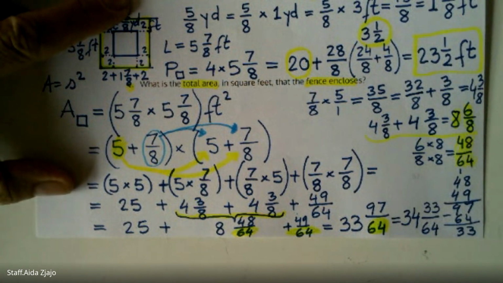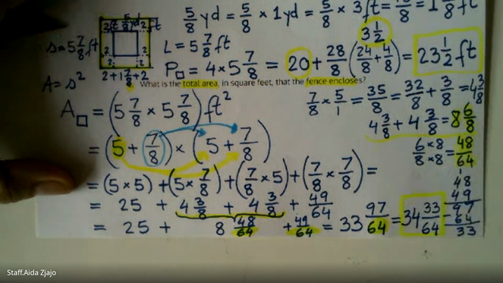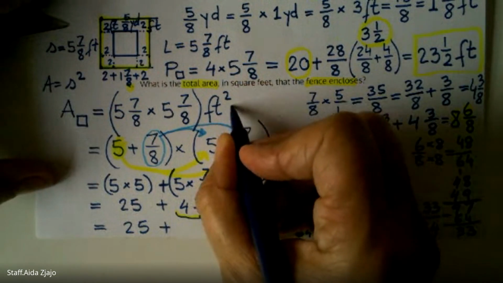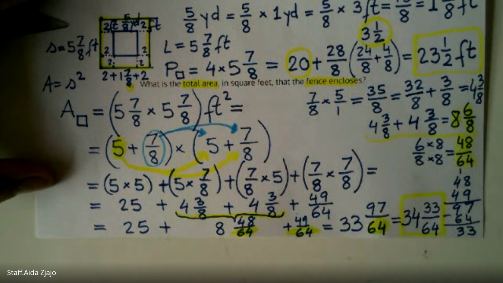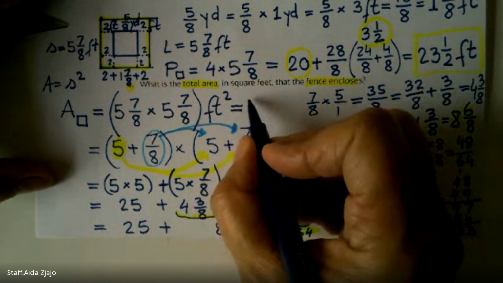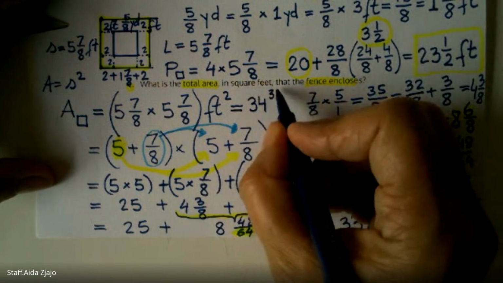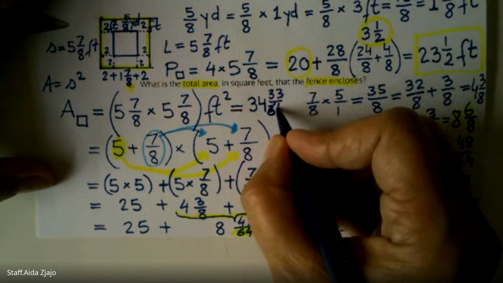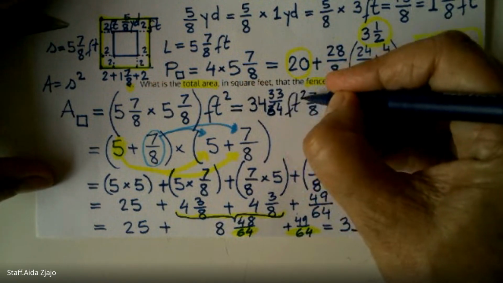I have no room to write, so I'm just going to rewrite that right here. So the area is 34 and 33/64 feet squared.